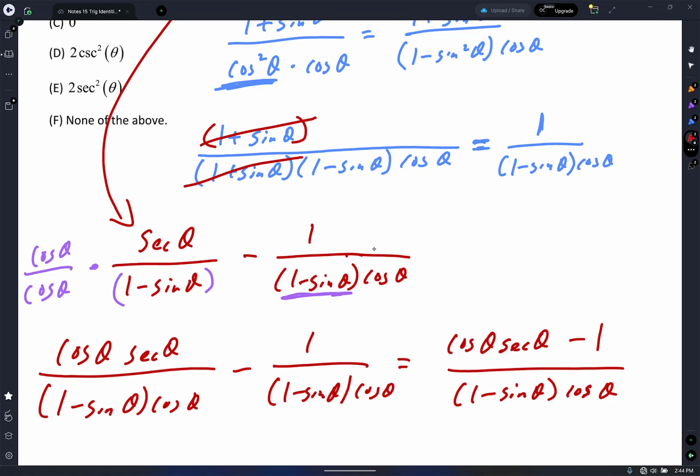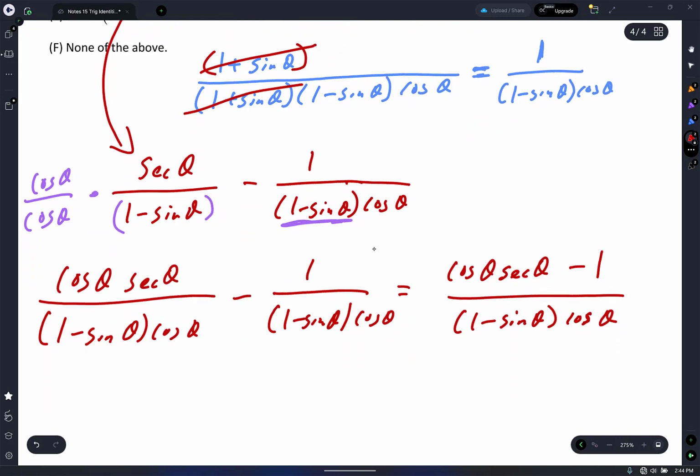We're so close. All there is now to do is to evaluate the numerator. This question kind of got me sad this morning because I thought it was going to be more exciting. Do you see how you have cosine theta times secant theta? Cosine and secant are reciprocals of each other.